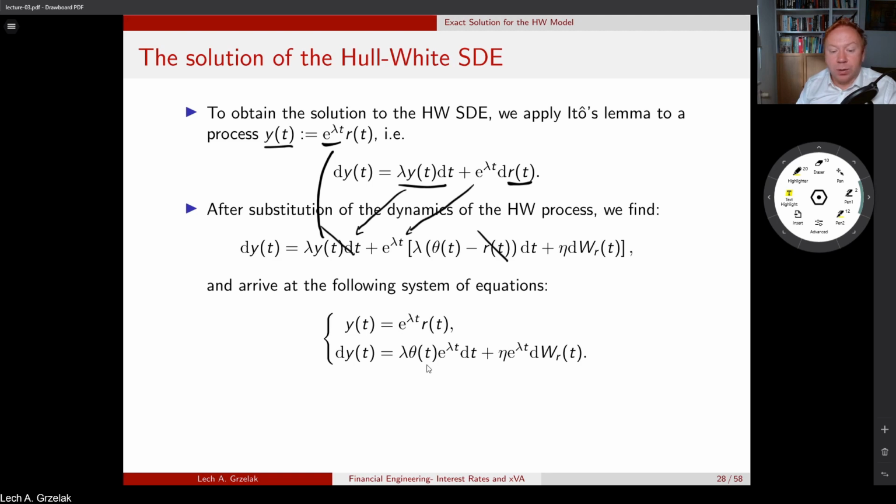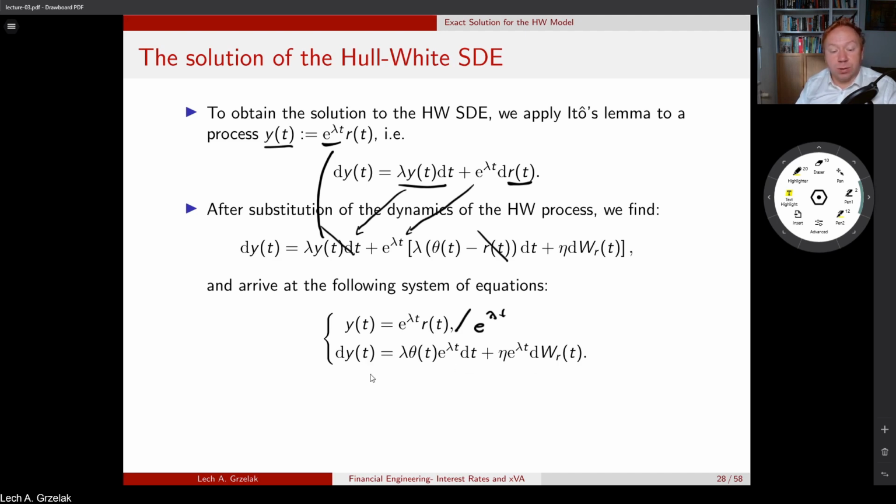on the Rt, neither Yt, and on the other hand we have the definition of Yt equal to e lambda t Rt. This is just the definition. So from here, if we just divide both sides by e lambda t, then we have a solution for our process Rt, but of course we still have to integrate this part.